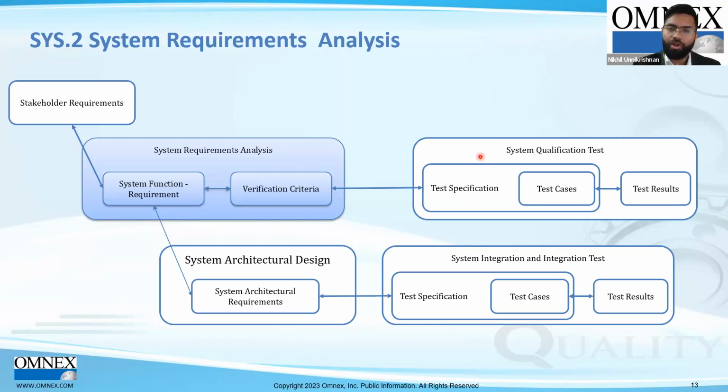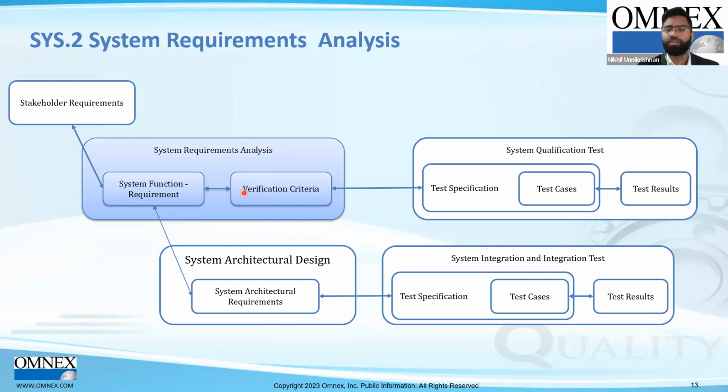Now, within the blocks, let me go into one more level inside it. You can see at the system requirements analysis, you have the system level functional requirement. And then from there, we have something called as verification criteria. Now, I put that there particularly just to emphasize the importance of that, because again, that's something that we typically see where organizations trying to implement SYS typically end up having some sort of deficiency or some areas that they need to typically improve.